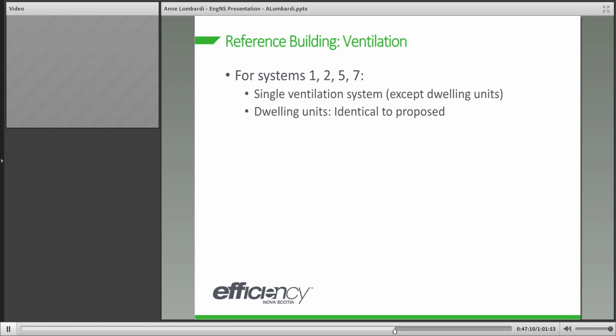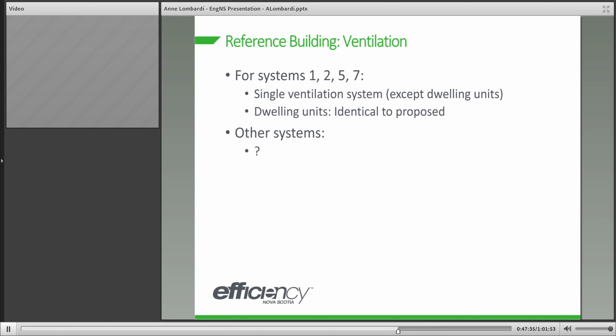As far as ventilation in your reference HVAC systems, for systems 1, 2, 5, and 7, the NECB tells us that the building has to have one ventilation system. So you've got all these single zone systems, and when we use those systems, the building is supposed to have a single ventilation system, except for dwelling units.